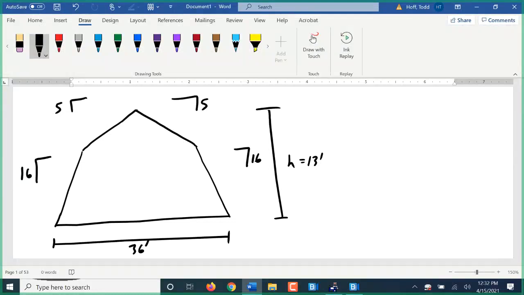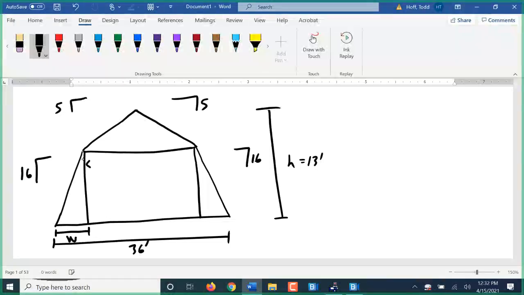But let's look at what I'm going to be asking you to find. What am I expecting to calculate from all this? If I put an attic room inside the truss, I want to find the dimension I'm going to call W, from the end of the span to that inner wall.